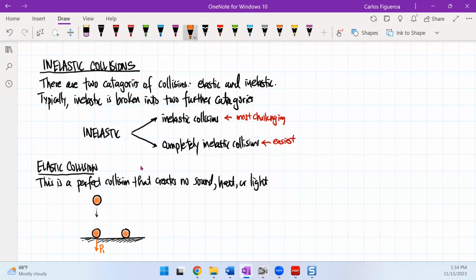That's what we care the most about. What's happening before and what's happening afterwards. Only during the collision do we care. However, to get a sense if this is an elastic collision, what we find here is that the ball bounces up to the same height.